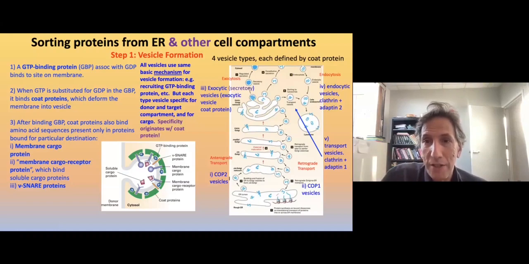Sometimes they go to the lysosome. So what happens here is adaptin proteins that interact with the clathrin proteins and give it its specificity, as we'll talk about. But here you have 1, 2, 3, 4, 5 different kinds of vesicles, all carrying different cargo from different donor organelles to different targets.